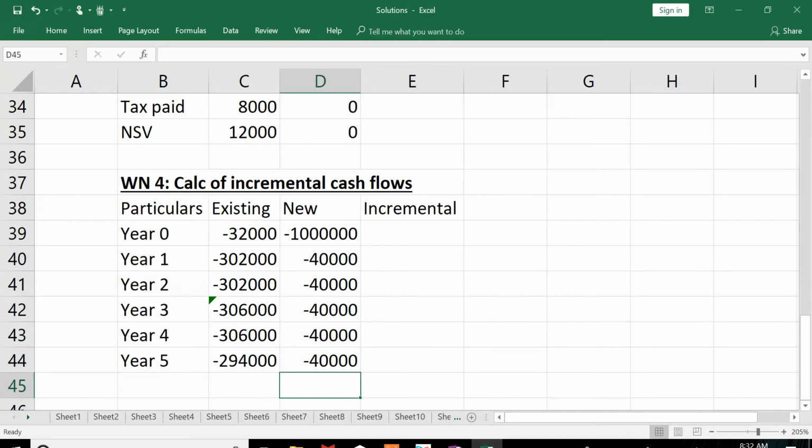Everything is there in your notebook. You just need to capture the appropriate number.